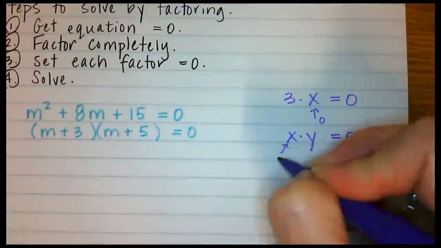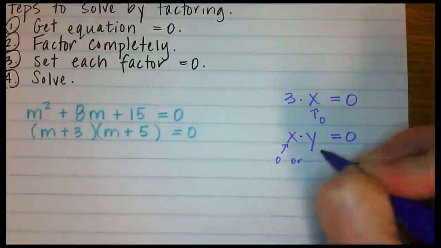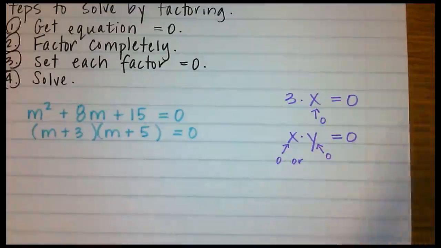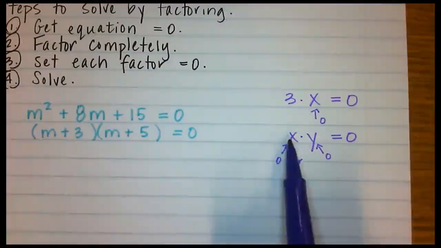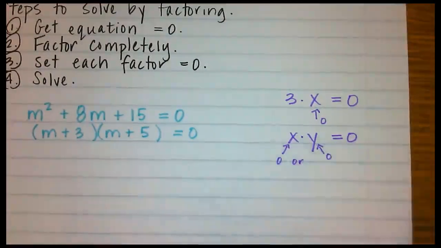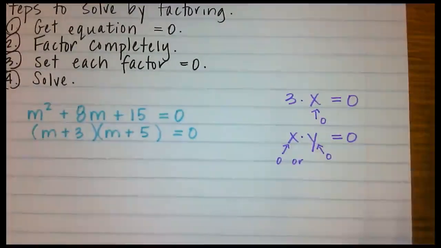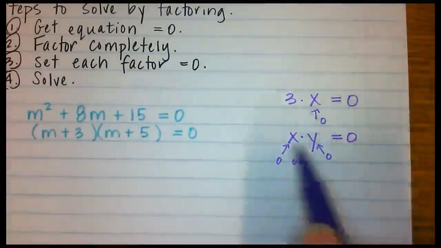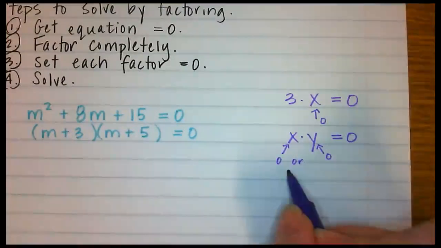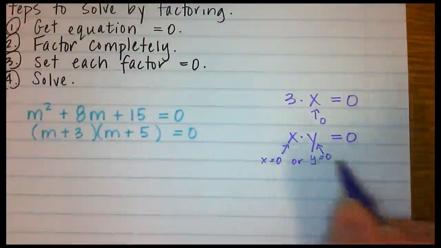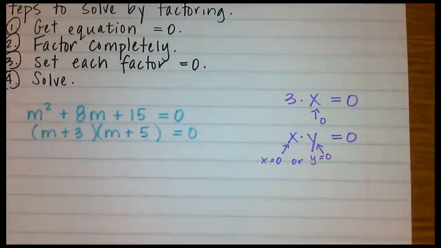So either that is 0 or that one is 0, and we just don't know which. If this was a 2 and that was a 0, the answer would be 0. If this was a 0 and that was a 9, the answer would be 0. So what this is saying is that either the x is 0 or the y is 0. We just don't know which one.